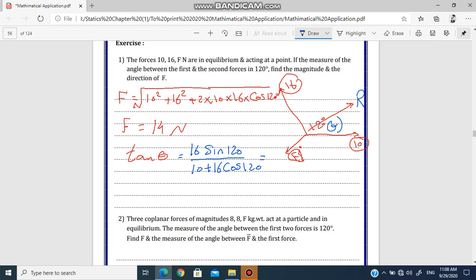So 16 sine 120 over 10 plus 16 cosine 120 equals 4 root 3 over 3, using shift.